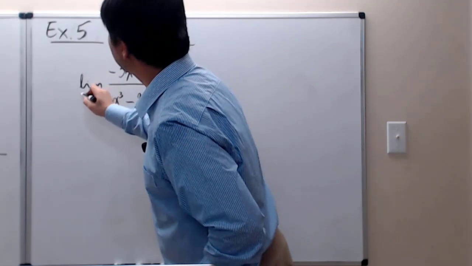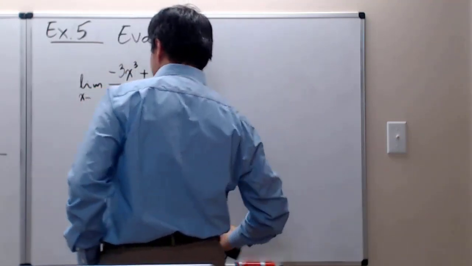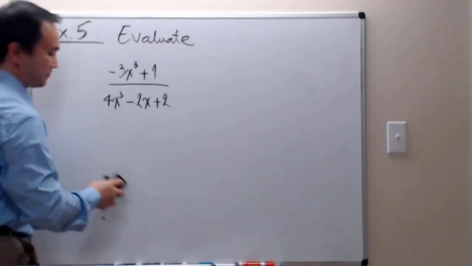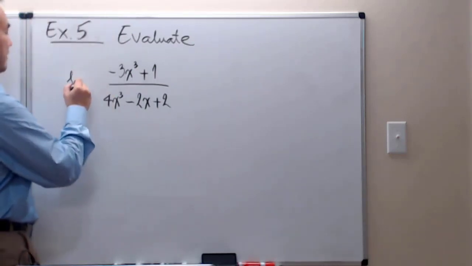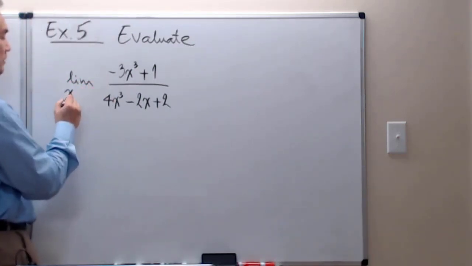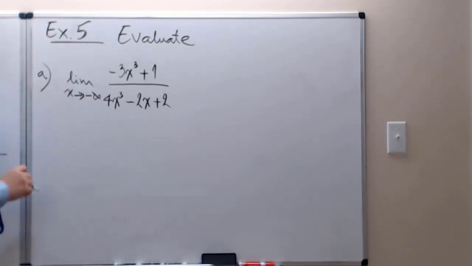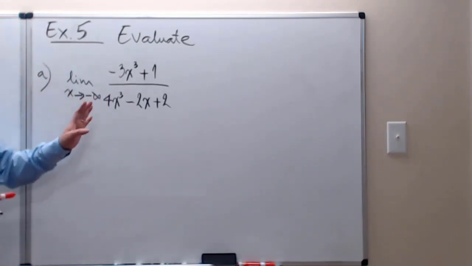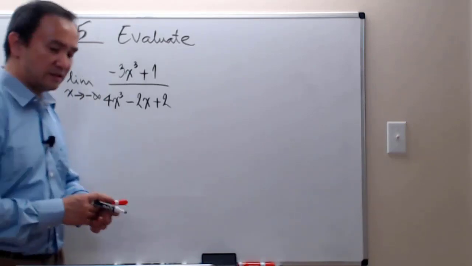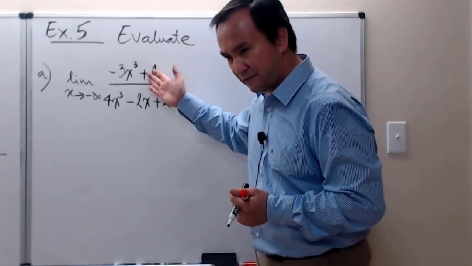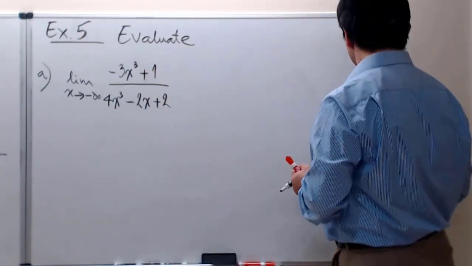Let's find that limit as x goes to negative infinity, as I promised. Let's find out how we can do this for limits to negative infinity, or another way of understanding this is the left-hand behavior of our rational function.